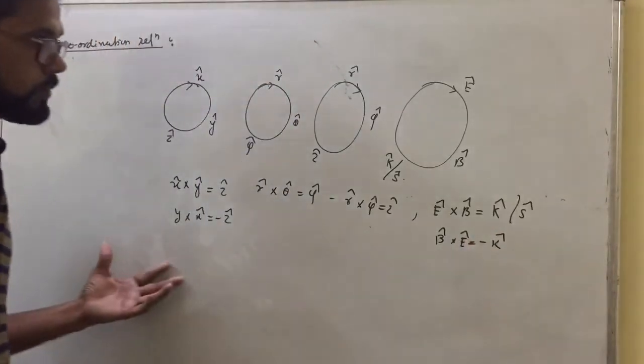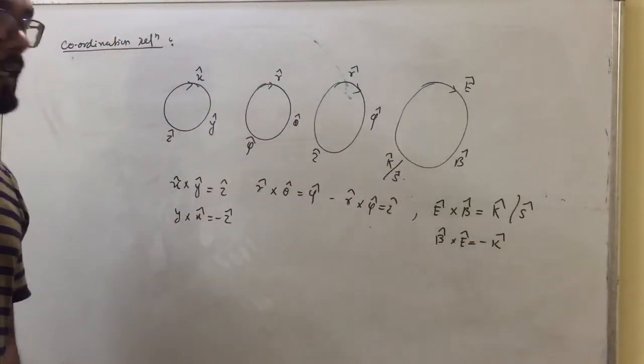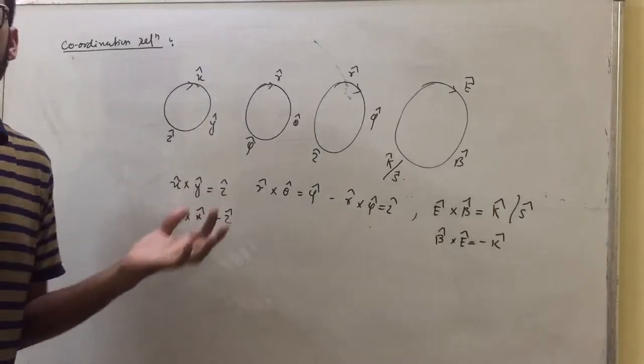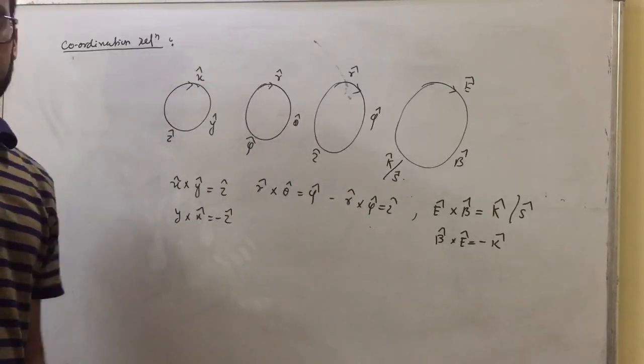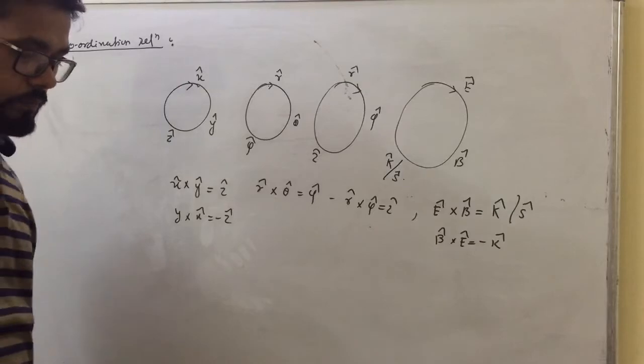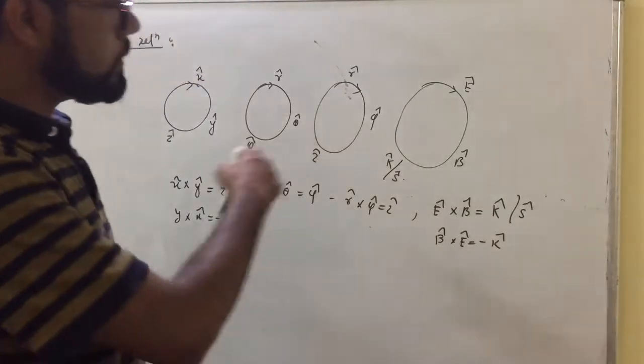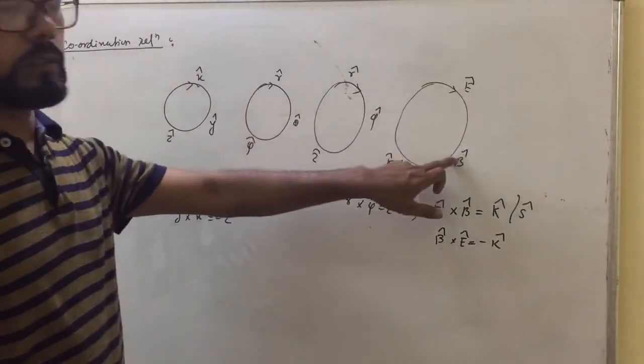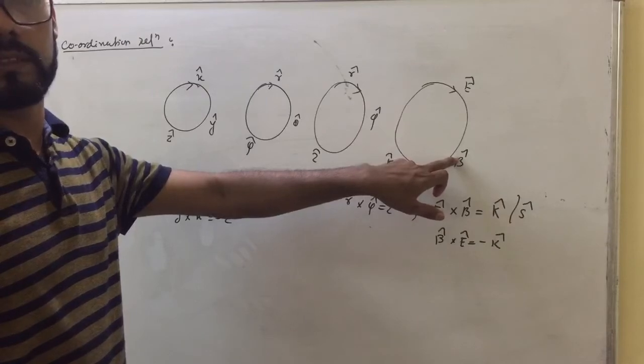The same rule is followed in all four coordinate systems, and this will help you understand the direction of the electric field and magnetic field. And for the remaining properties, E dot B equals how much?